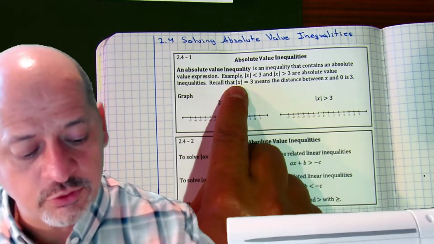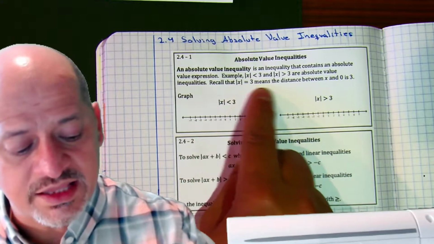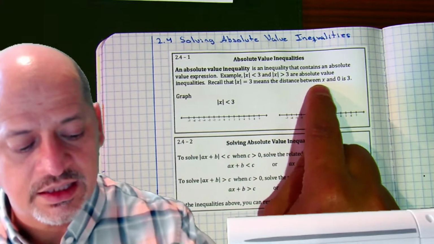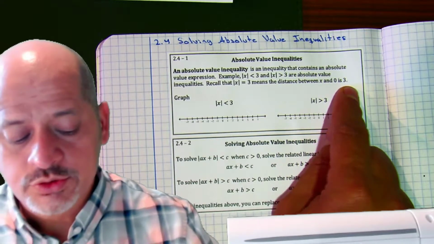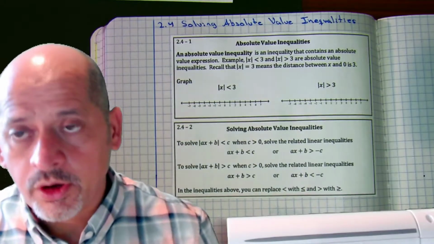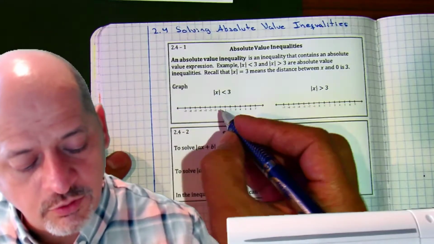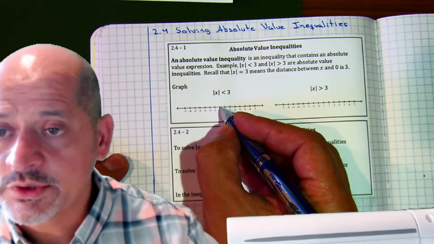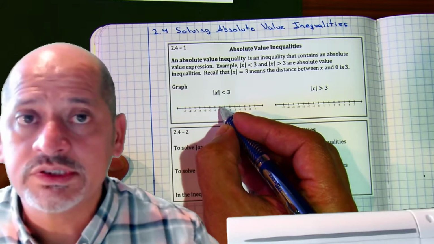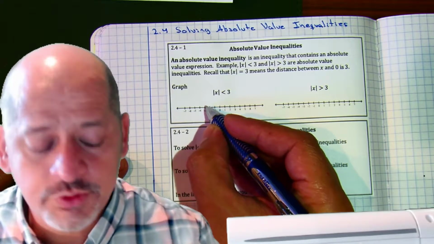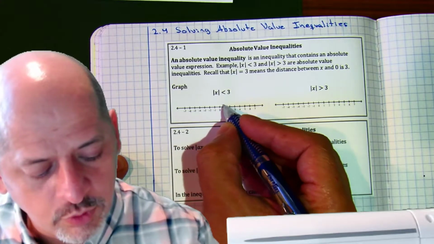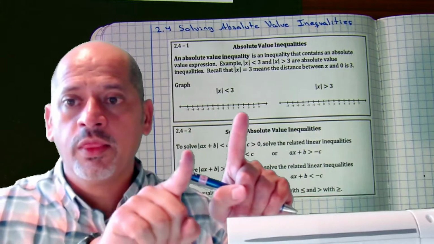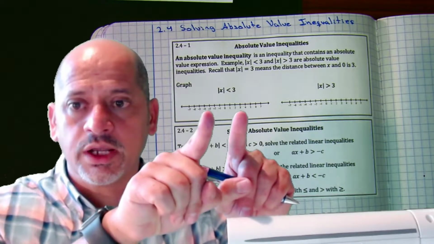Recall that absolute value of x equal to 3 means that the distance between x and 0 is 3. So before, when the absolute value of x was 3, we knew that it was either negative 3, which is 3 units, 1, 2, 3, or positive 3, 1, 2, 3. So there used to be two solutions, correct?